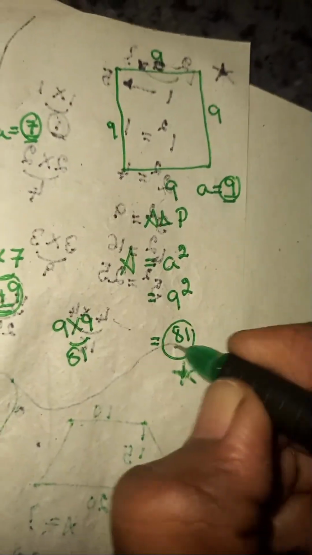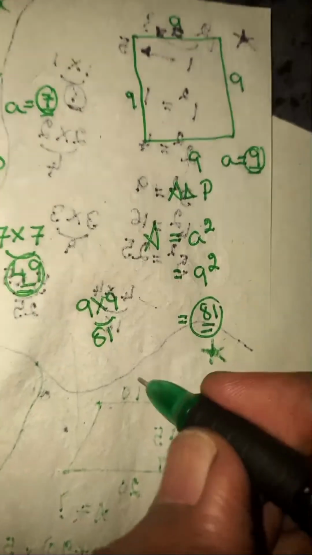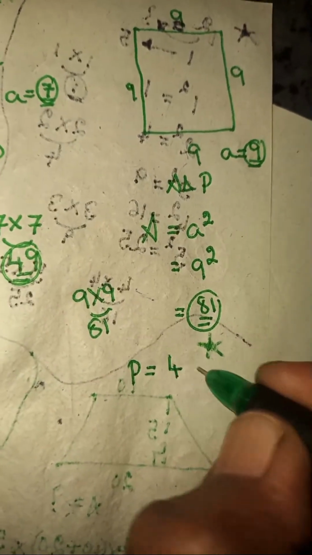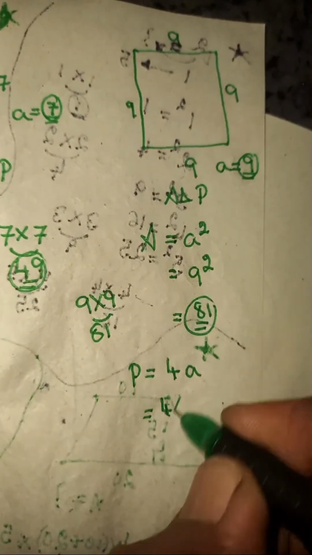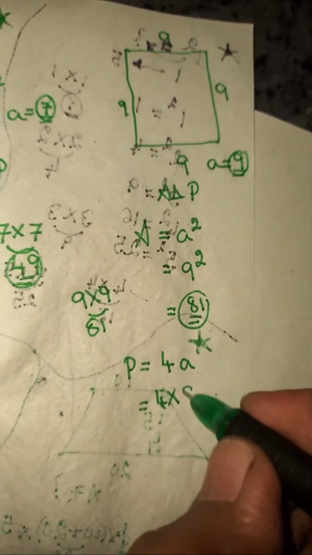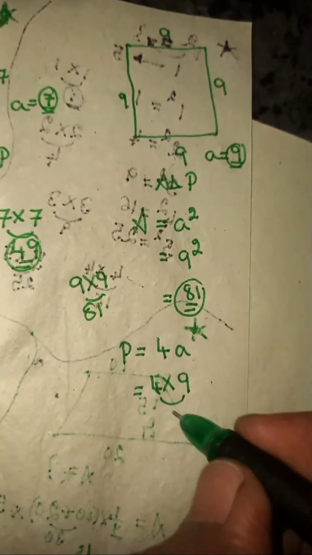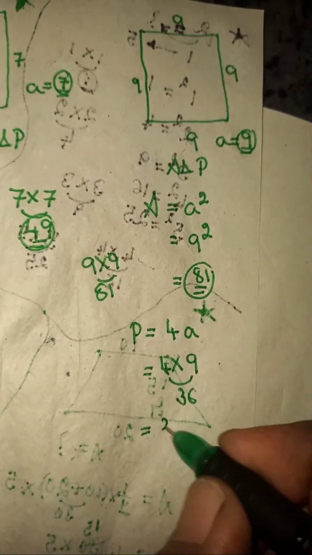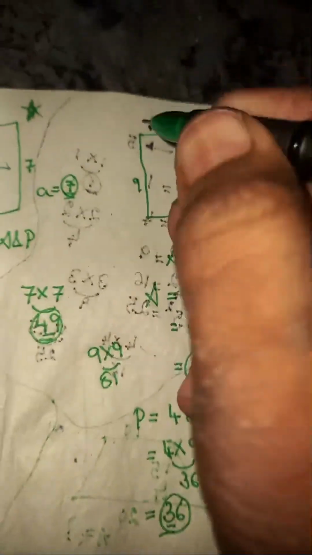So it is 81 square units. Now the perimeter equal to 4a, that means 4 times the side length 9. 4 times 9 is 36. So it is 36 units, that is boundary length.